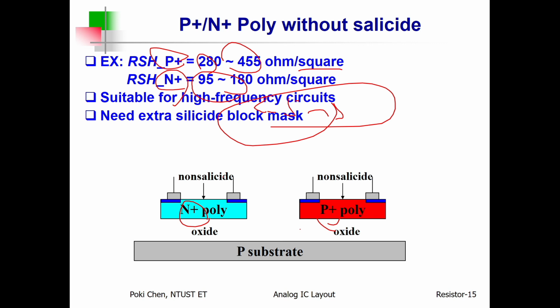So, if you would like to enhance the resistivity further, in addition to the silicide block mask, you also need to block such N plus or P plus doping. It means you need another extra block mask to stop diffusion or implantation.